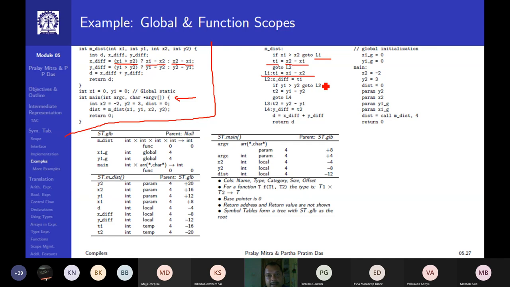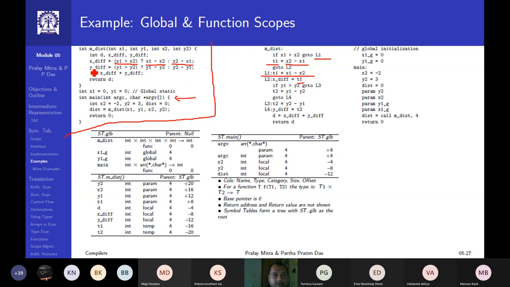The reason is that the operations will be mutually exclusive. Either x2 minus x1 will be evaluated or x1 minus x2 will be evaluated. And at L2, x difference is t1, which is the x difference that I computed and stored.